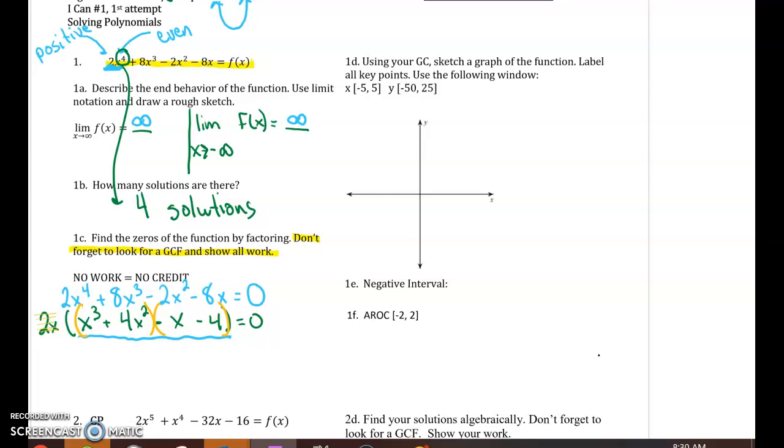Since there are 4 terms, we're going to use the grouping method. In my first set of parentheses, I'm going to look for another GCF, and the GCF I can take from there is an x squared. When I do that, I'm left with x plus 4.